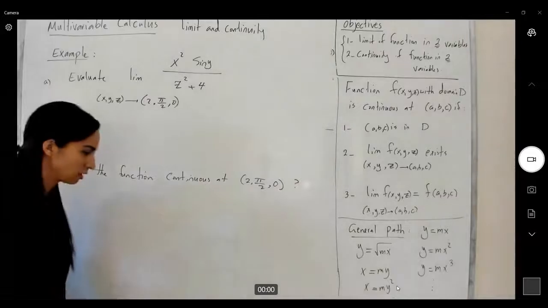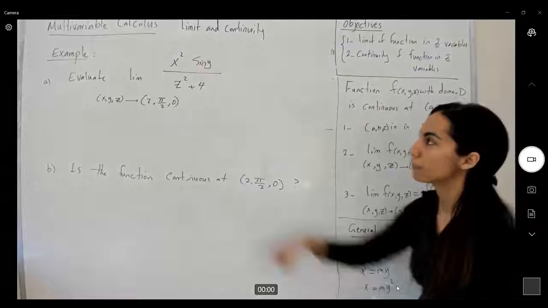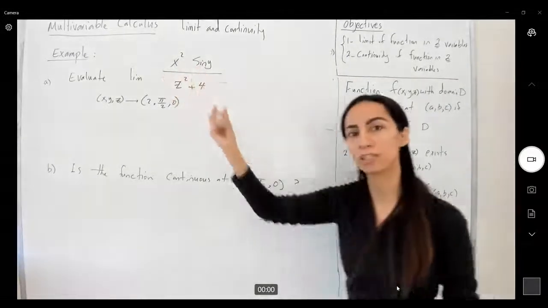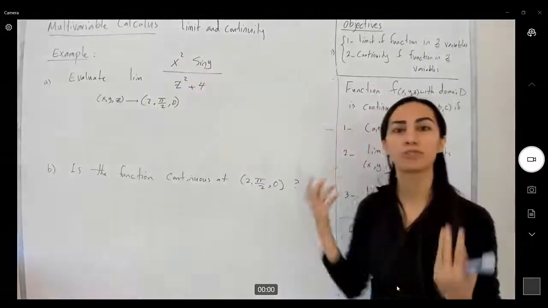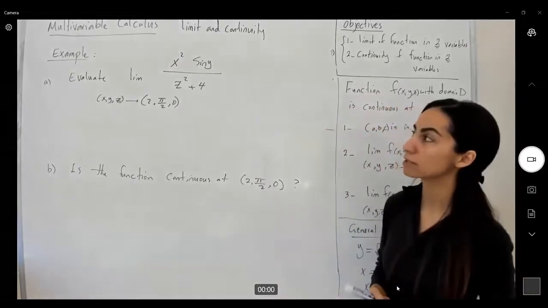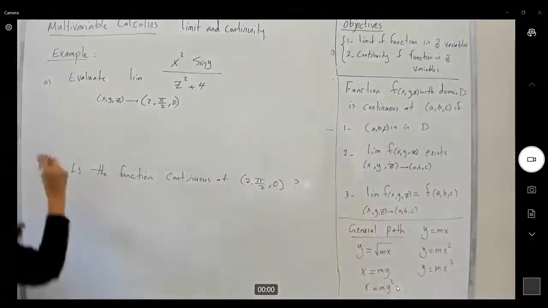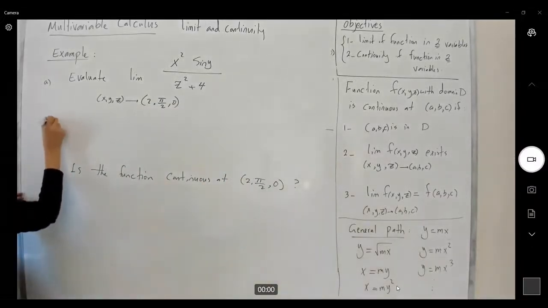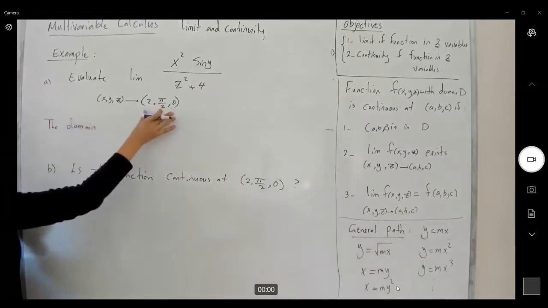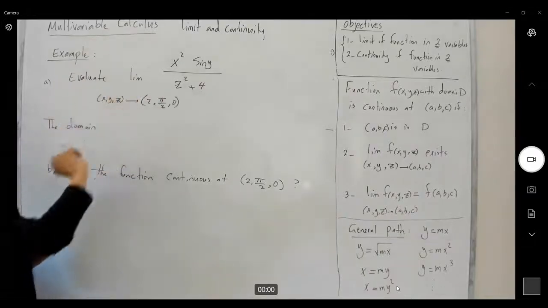Okay, perfect. Let's take a look at this function. We have an expression on the numerator, which is x squared times sine y. X squared is just a nice term. Sine is a trig function, nice function. On the denominator, you have z squared plus 4. What's the domain of this function? Always check the domain of the function. If this point belongs to the domain, try to substitute it and see if the limit exists or not.